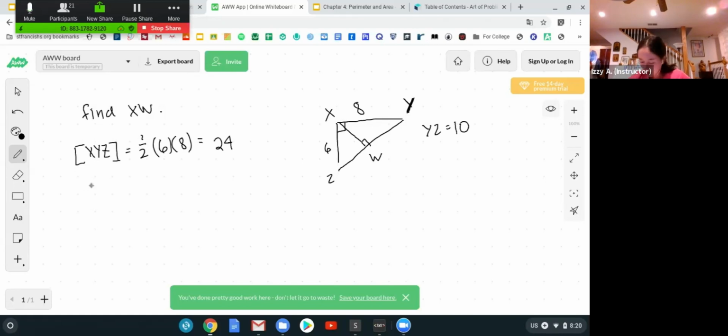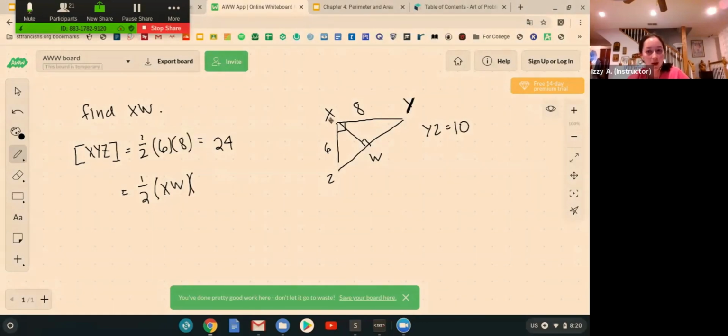As we determined earlier, XY is the height to side YZ. The area of XYZ is also going to be equal to 1/2 times XW times YZ.